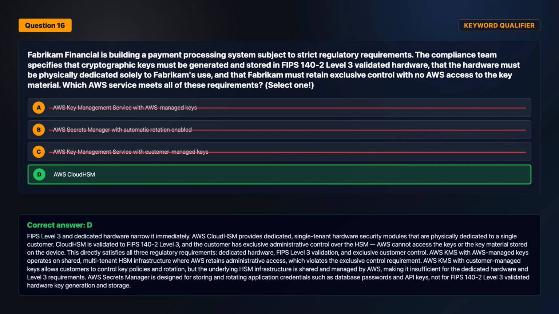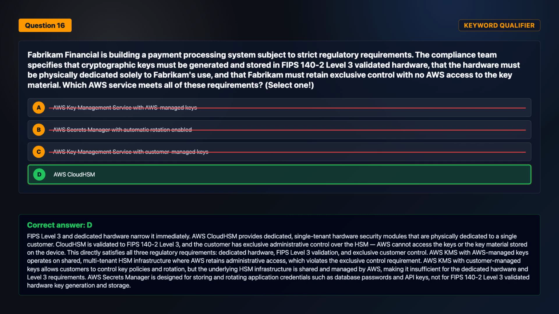AWS KMS with AWS Managed Keys operates on shared multi-tenant HSM infrastructure where AWS retains administrative access, which violates the exclusive control requirement. AWS KMS with customer-managed keys allows customers to control key policies and rotation, but the underlying HSM infrastructure is shared and managed by AWS, making it insufficient for the dedicated hardware and Level 3 requirements.